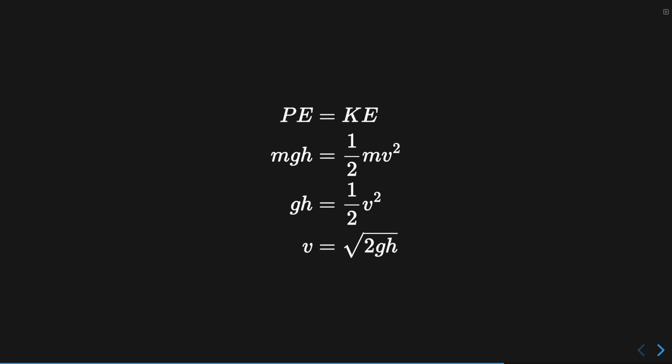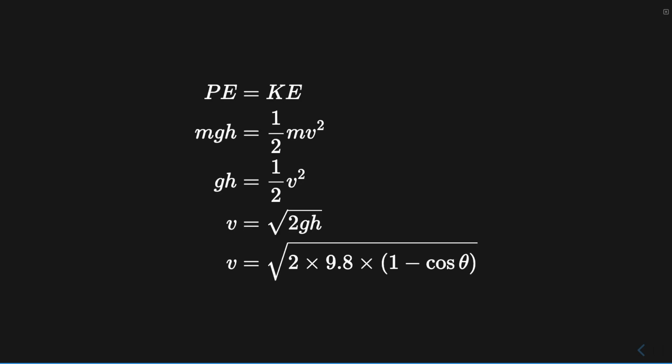So, when we plug in our values, we will get the following. v is equal to the square root of 9.8 times 2 times (1 minus cosine theta). So how did we get 1 minus cosine theta? First of all, we know that our meter stick is 1 meter. So we had to find the length of the side of the triangle called x.